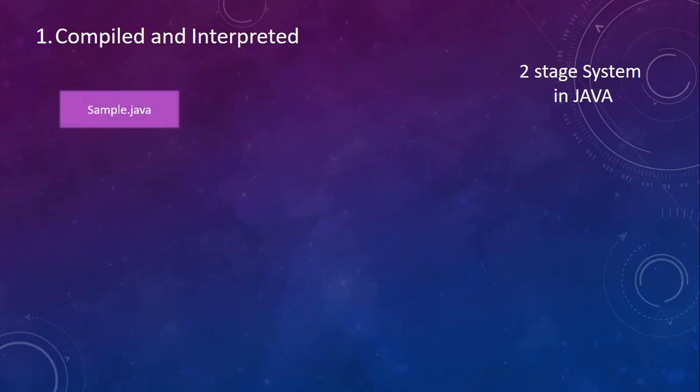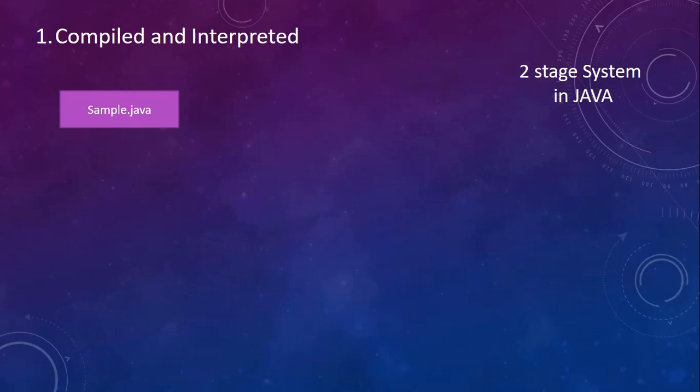Let's say I am writing a simple program in Java. Let us name it sample.java. Note that like a C program has the extension .c and a C++ program has the extension .cpp, any Java program has the extension .java. So let's say we have designed a simple program sample.java.